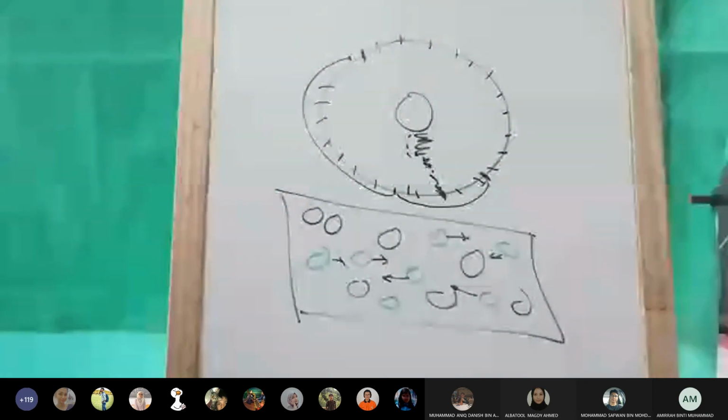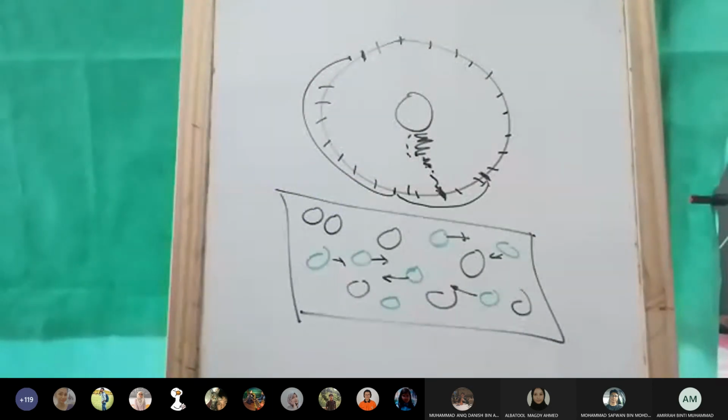Because of the carbohydrate attached to the protein molecule, the cell has an identity so that your body's immune system can recognize it. If it's found to be a foreign cell, the immune system will act on it. If it knows that this is a cell of the body, it will spare it. So mainly it's for identification.